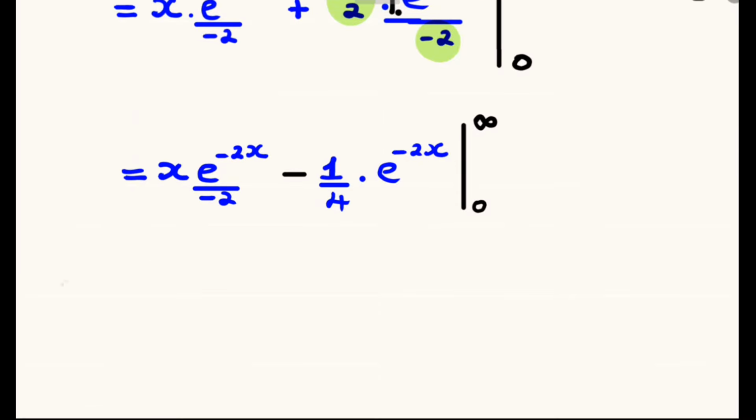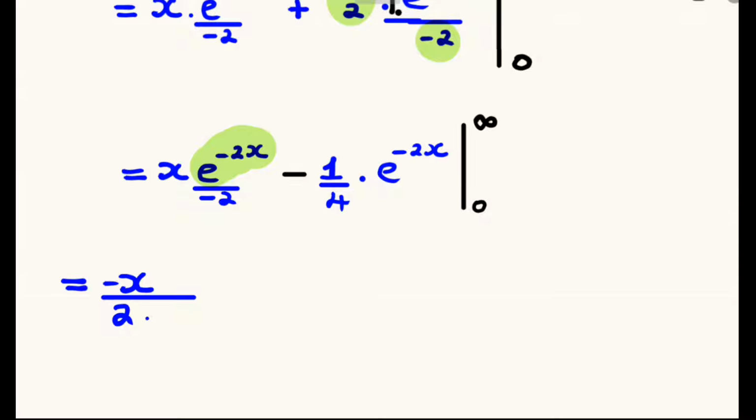We simplify, and this will be equal to x, and we have that negative from the 2 in the denominator, so we have negative x divided by 2. So that e raised to the power negative 2x, we move it from the numerator to the denominator.